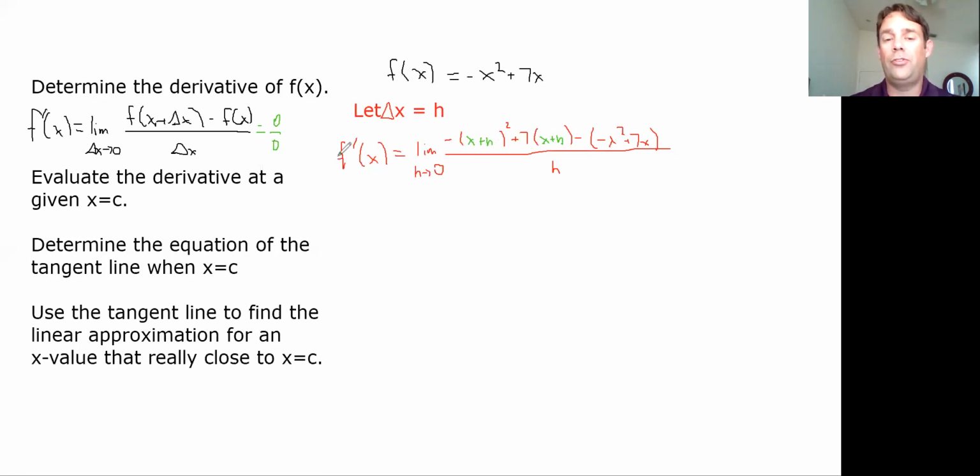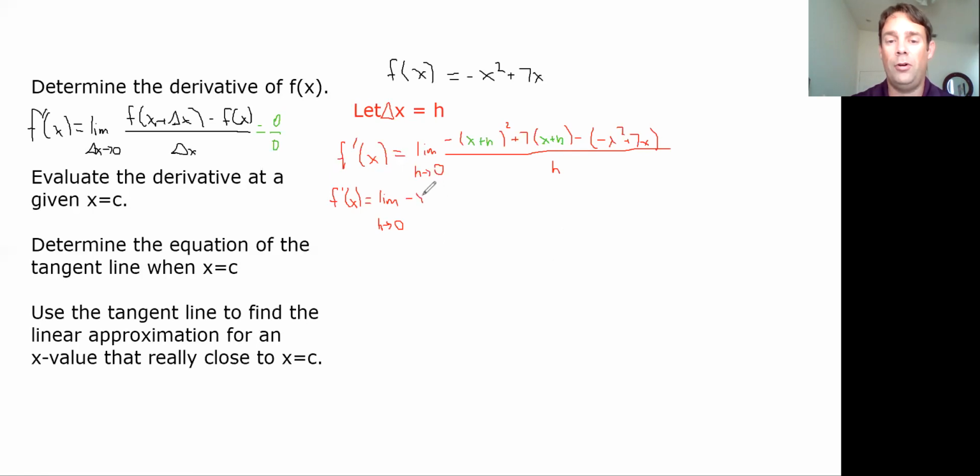All right, so now we're going to go ahead and simplify this all the way out. I need for myself to have some sort of expression. And again, like we saw in the homework in chapter 1 when we did a couple of these, if we do this right, anything that does not have an h or a delta x in it will go away.